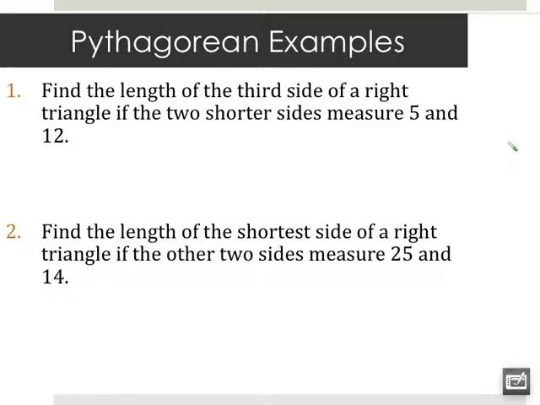It doesn't say what form to give your answer in. So let's do both. If it doesn't turn out nice, like 13, then give me both the approximate value and the exact simplified radical answer, if that radical can be simplified. Some radicals cannot.